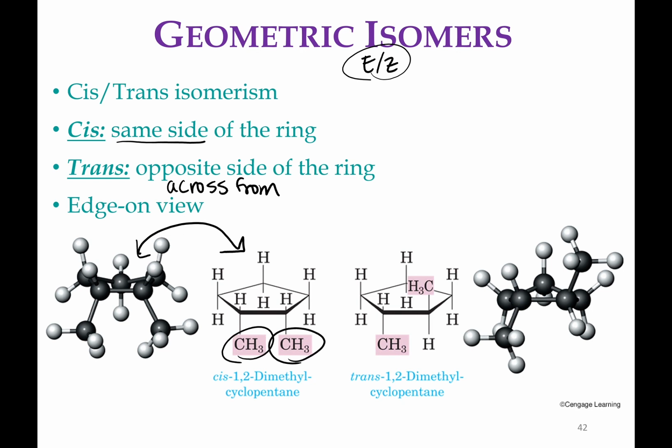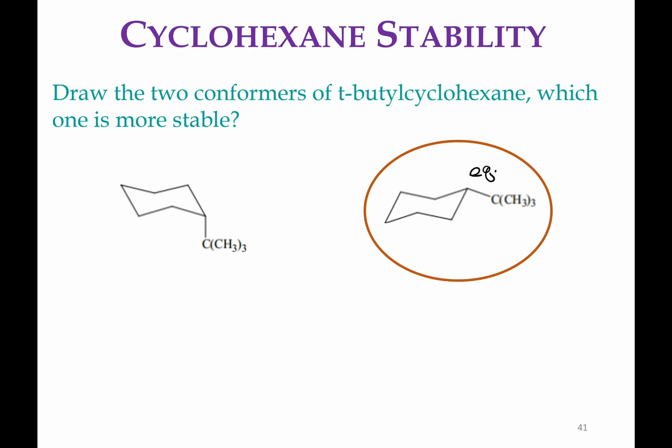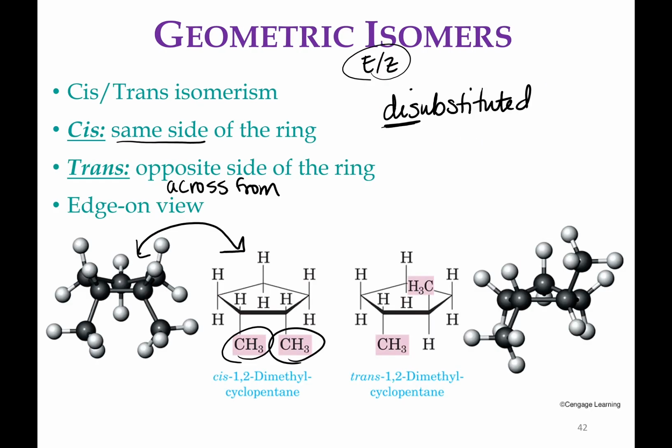So if we have what's called a disubstituted cycloalkane, so we have disubstituted meaning two substituents, and cis we have two identical groups.